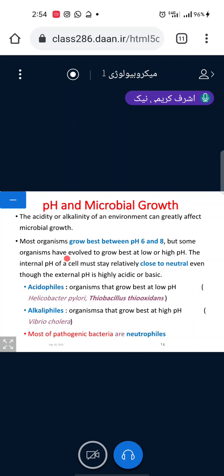But some organisms have evolved to grow best at low pH, for example Thiobacillus, and high pH, for example Vibrio. The internal pH of a cell must stay relatively close to neutral, even though the external pH is highly acidic or basic.